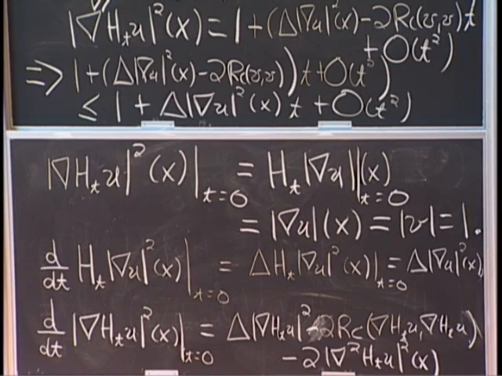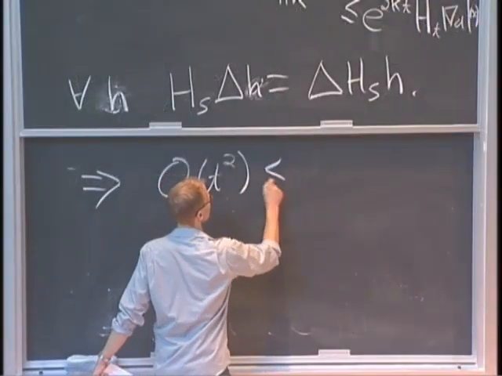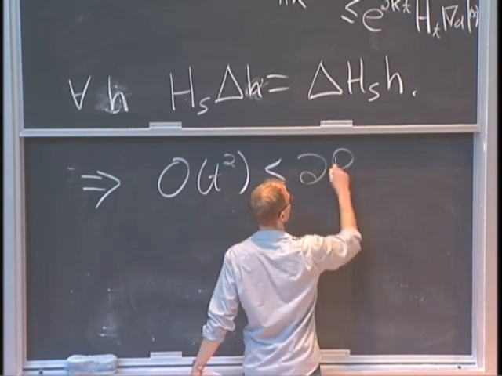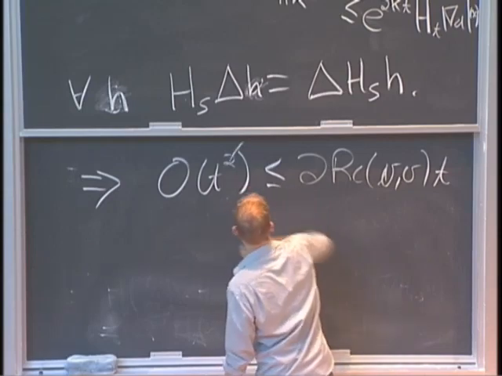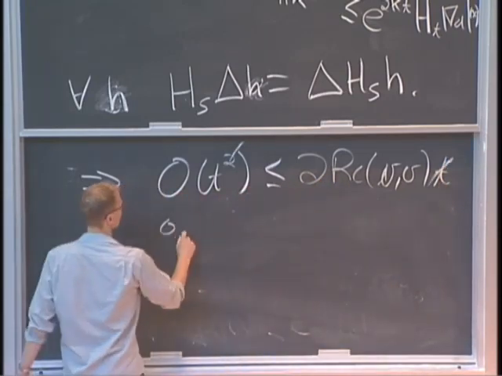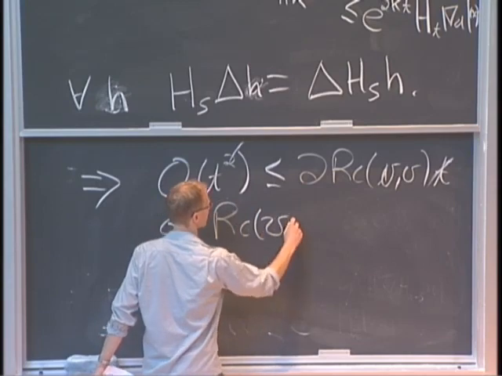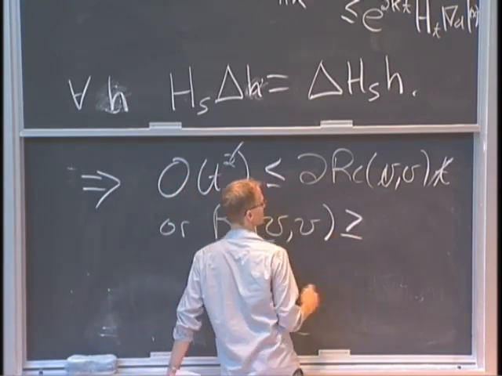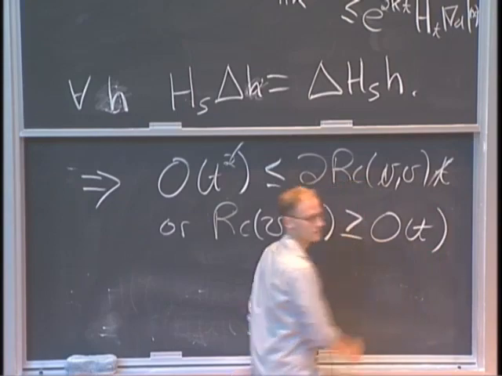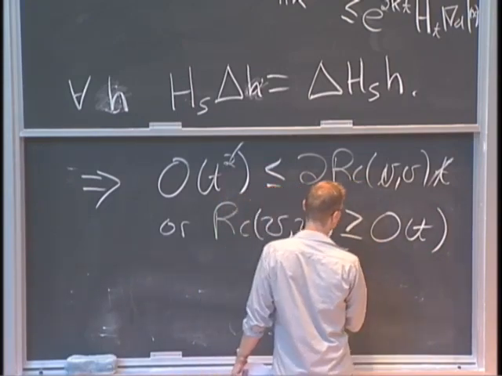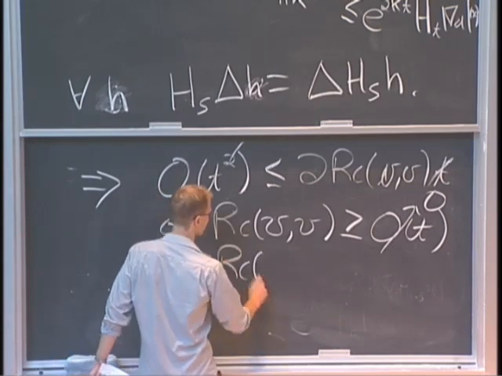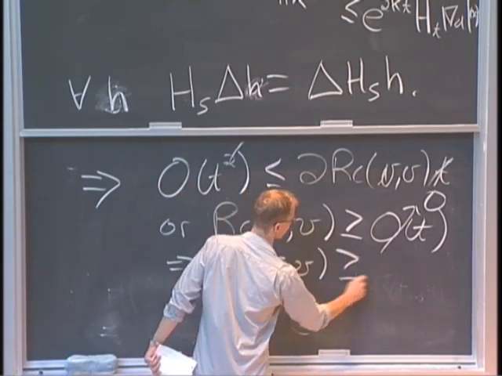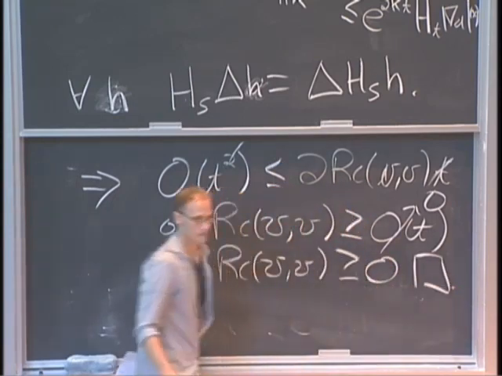And if we shove the Ricci on the other side, what we end up getting is that O of t squared is less than or equal to 2 times the Ricci vv times t. Well, that's just done. Or the Ricci of vv is bigger than or equal to O of t. Just let t go to 0. So this implies the Ricci is bigger than or equal to 0, as claimed.